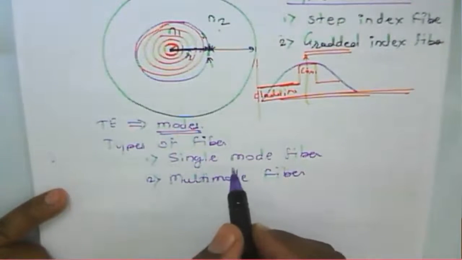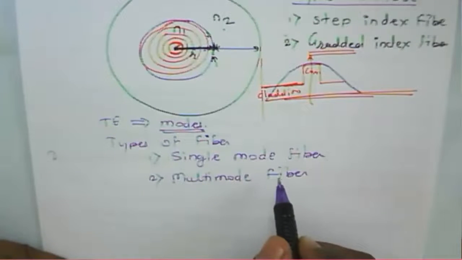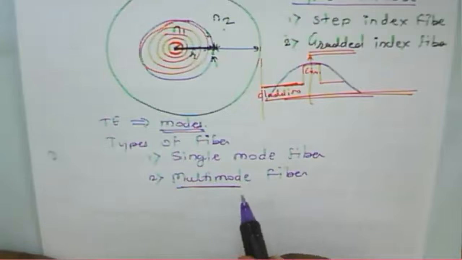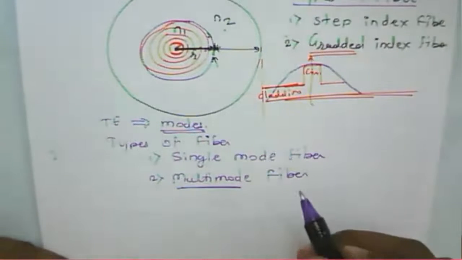Now, single mode means what? Only one mode is propagating through the fiber. But in the case of a multi-mode fiber, multiple modes are propagating through the fiber.